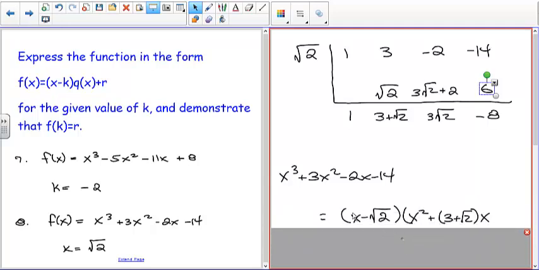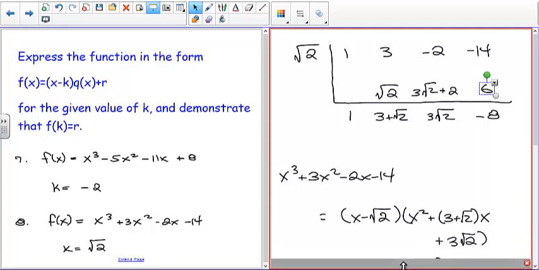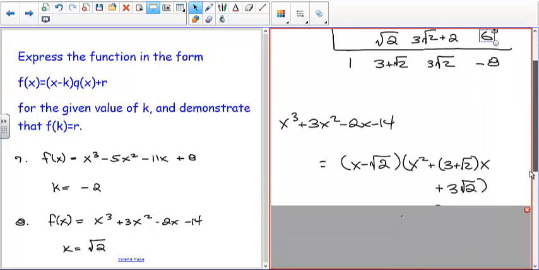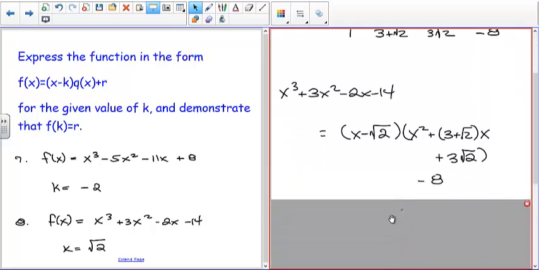So that's x minus k times the second part, and then you add the remainder, which is negative 8. And f of the square root of 2 should be equal to negative 8. Again, if I put the square root of 2 in here, this term goes to 0, so this whole thing drops out, and all you're left with is negative 8.